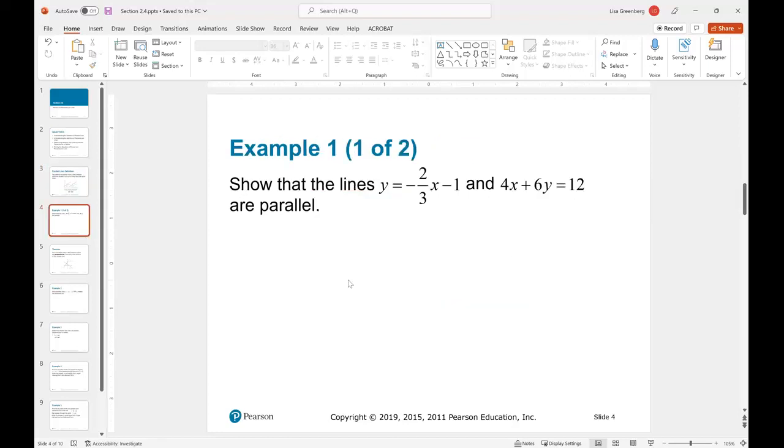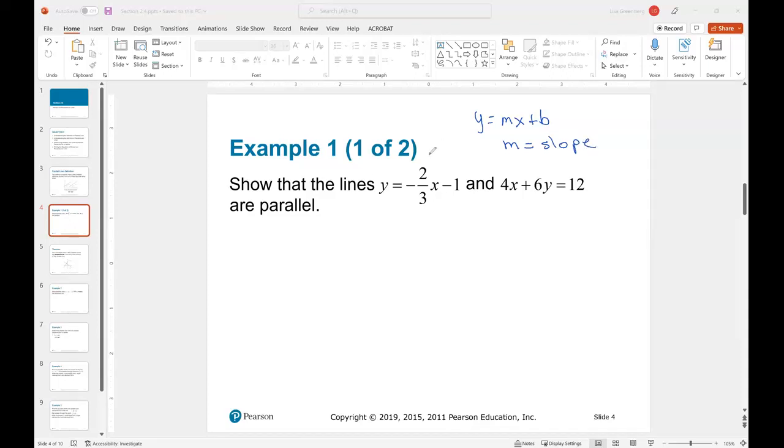So let's do some examples. The first thing is we want to show that these two lines are parallel. So how would we show that these two lines are parallel? Well, if you were in my class, you would answer me, but since you're not, I'll answer you. First, we need to find out what the slopes are, right? So we start with y equals mx plus b, where m is equal to the slope.